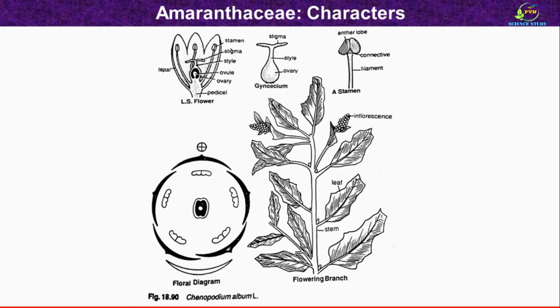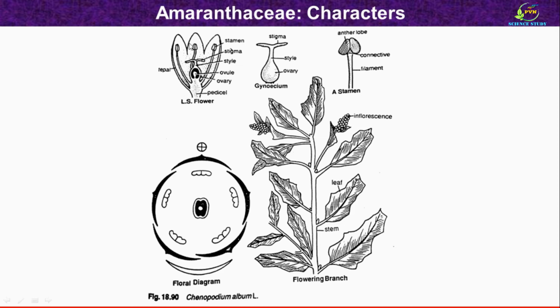Dear friends, this is another member of Amaranthaceae family, Chenopodium album. This is the flowering branch of the plant where we can see the stem as well as the leaves which are alternately placed, and this is the inflorescence of Chenopodium album.